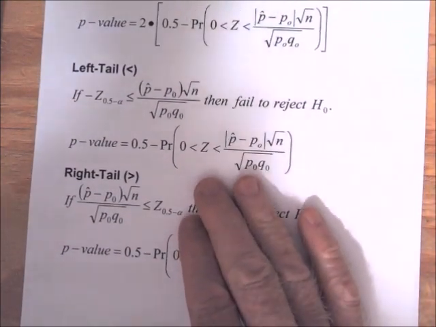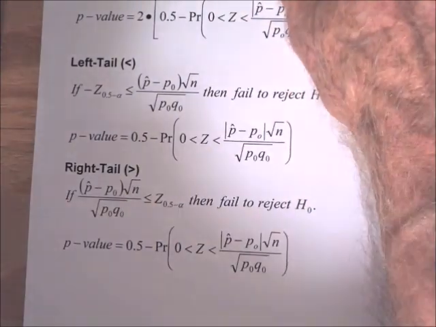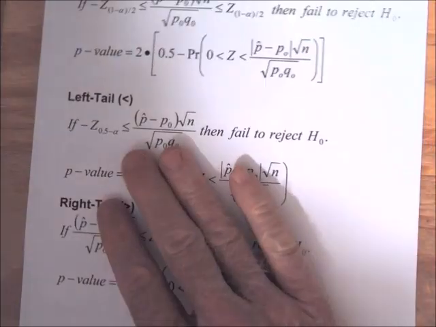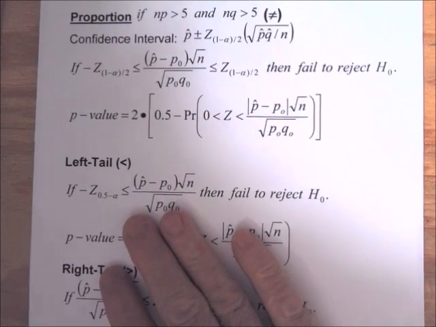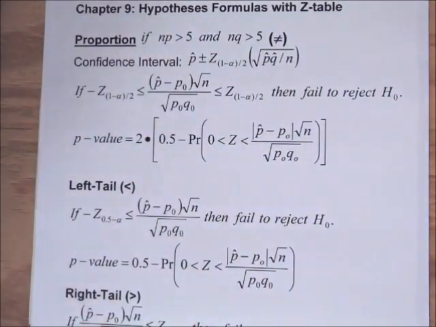Okay, so we have some formulas. This will be a little bit clearer when I get into specific examples. But anyway, these are the formulas that we have been working with.